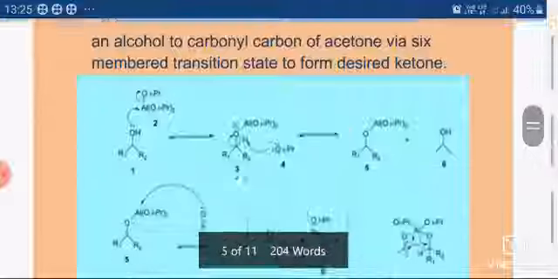This is the mechanism of this MPV reaction. See in the mechanism. Initially, the secondary alcohol, that is isopropyl alcohol or 2-butanol, in this case as per our example, 2-butanol, is coordinated with the aluminium complex, that is aluminum isopropoxide.